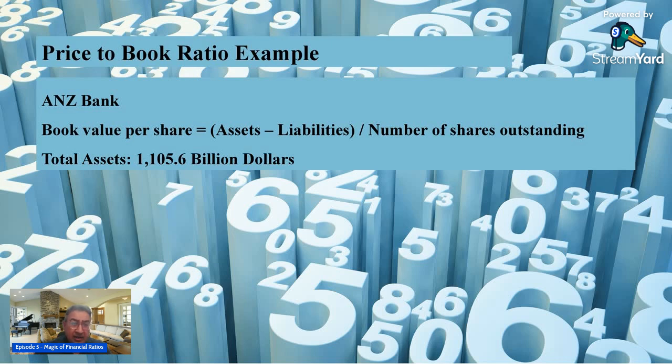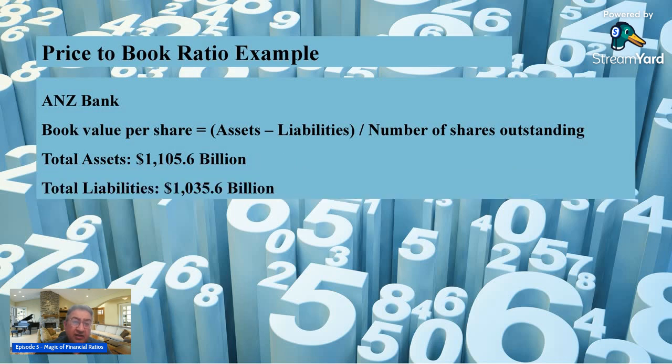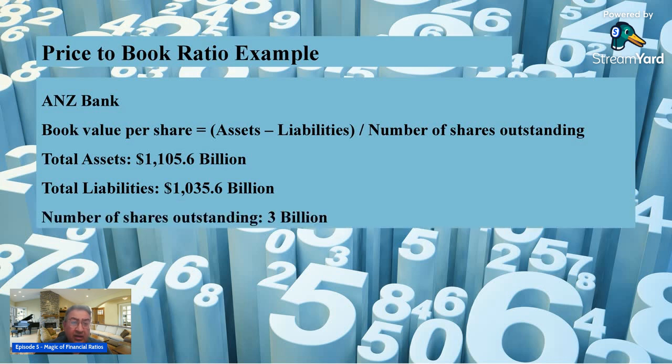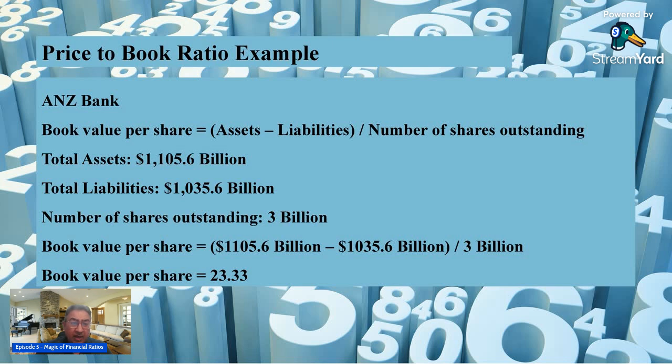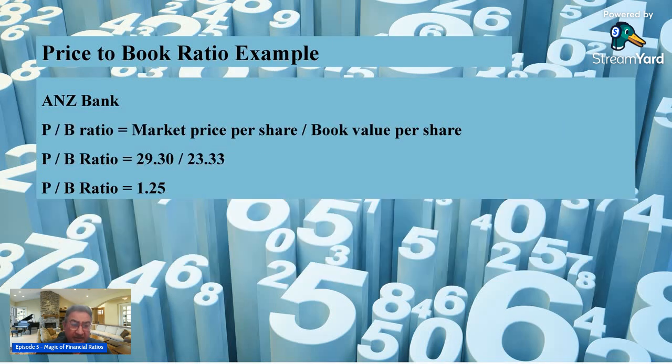ANZ Bank, as of the end of financial year 23-24, had assets of $1,105.6 billion versus liabilities of $1,035.6 million. It's not billion, it's million. And a total of 3 billion outstanding shares. If you apply all of these values into the formula, this will give you a book value per share of 23.33. Dividing the market price by it gives a PB ratio of 1.25.